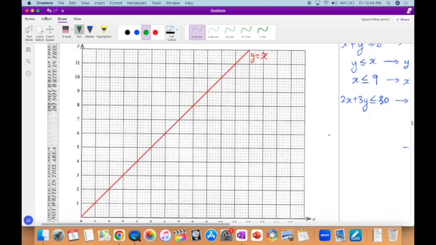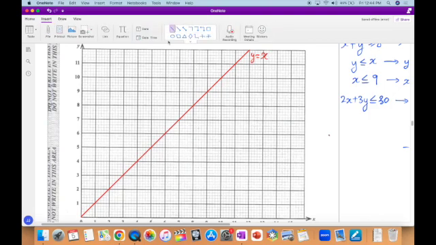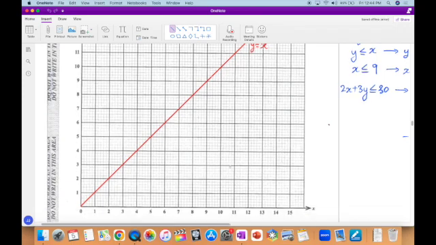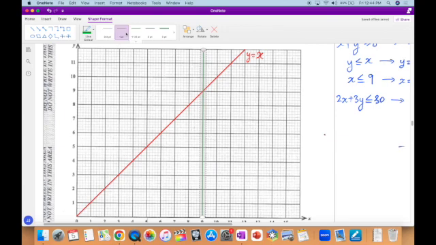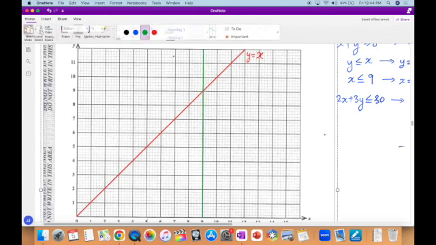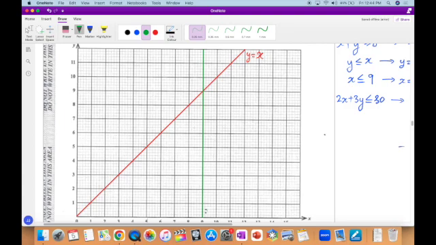So the line x is equal to 9 will look like this. It is a vertical line from the x-axis. You have to cover the entire axis. This is the line x is equal to 9.